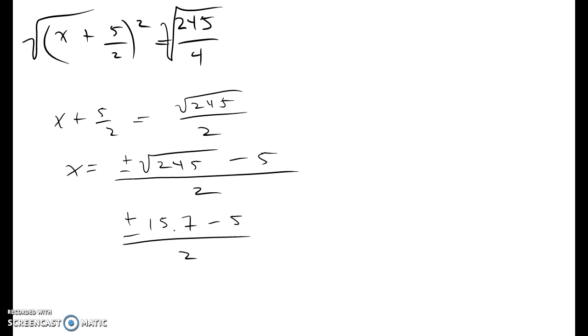Take the square root of 245 and round to the tenths place, and you get 15.7. So negative 15.7 minus 5, we get negative 20.7 over 2.